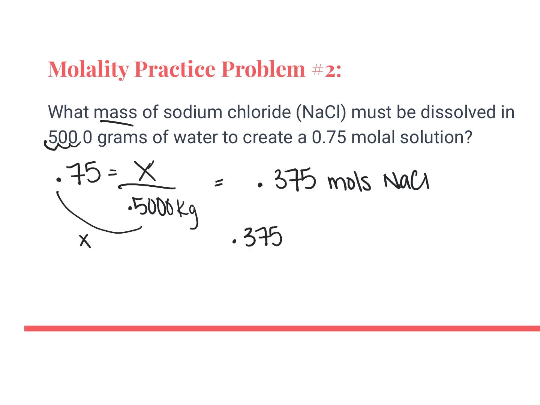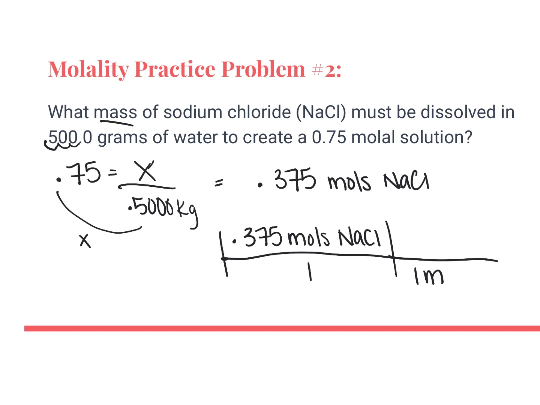Do we know how to convert from moles to grams? We have to find the molar mass. So sodium plus 1 chlorine, 22.99 plus 35.45. What do we get? 58.44.